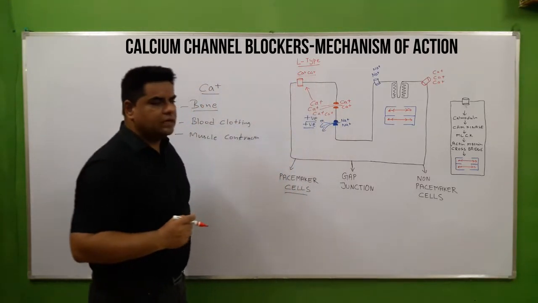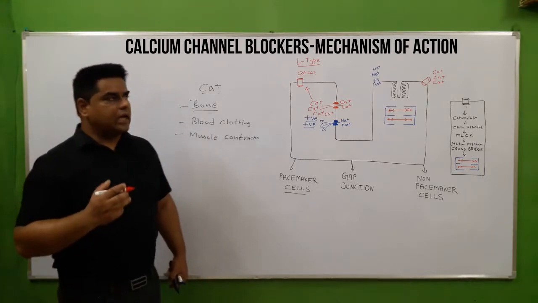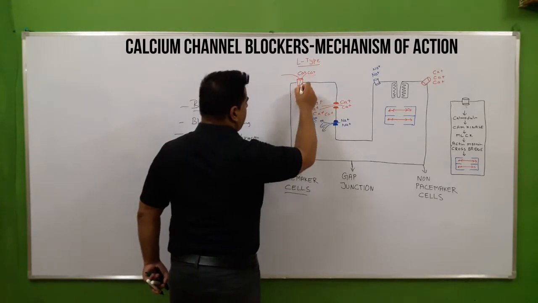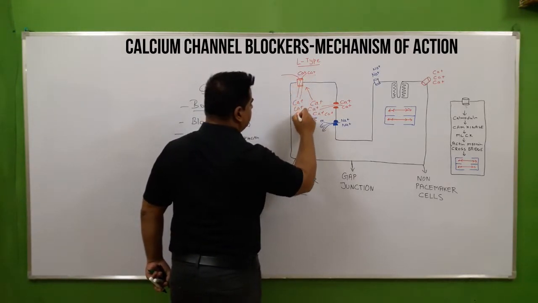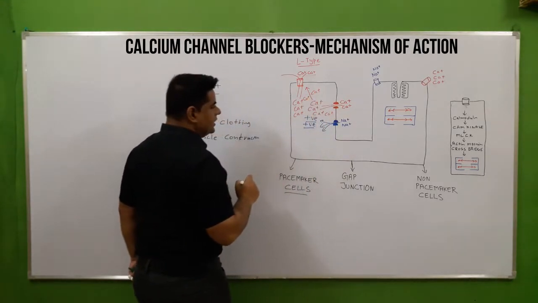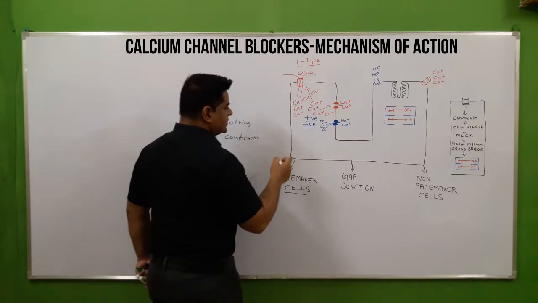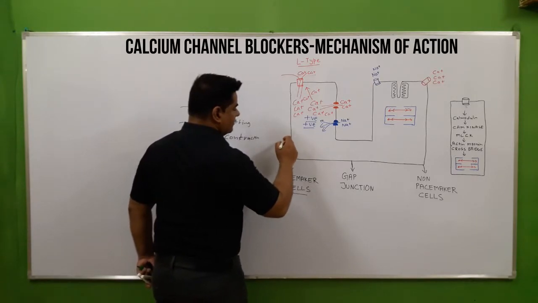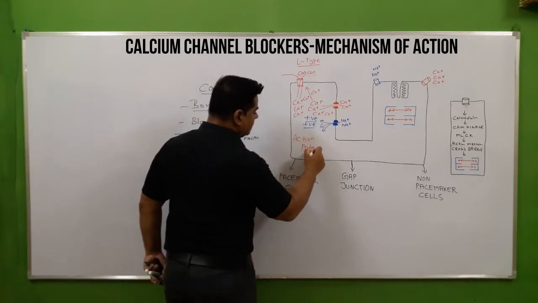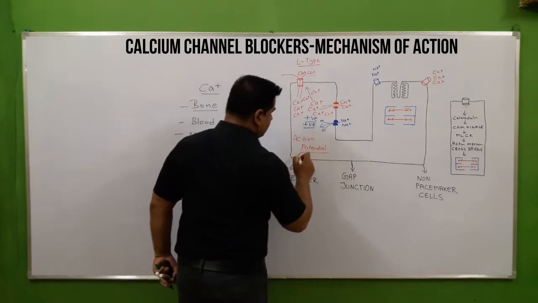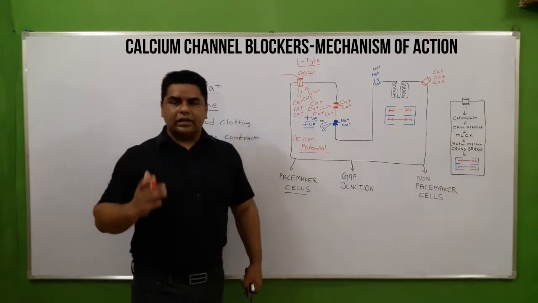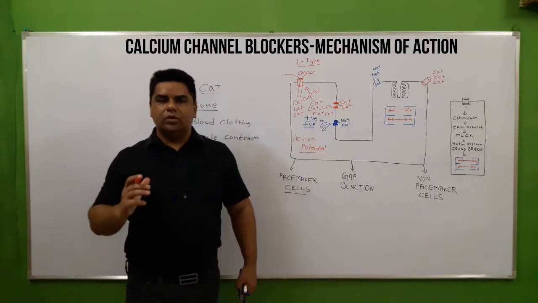This further stimulates L-type calcium channels, and then more and more calcium blast happens inside the pacemaker cell. So this makes the cell more and more electropositive and generates an action potential in the pacemaker cells. We know that pacemaker cells are present in the sinoatrial node, SA node, and AV node.